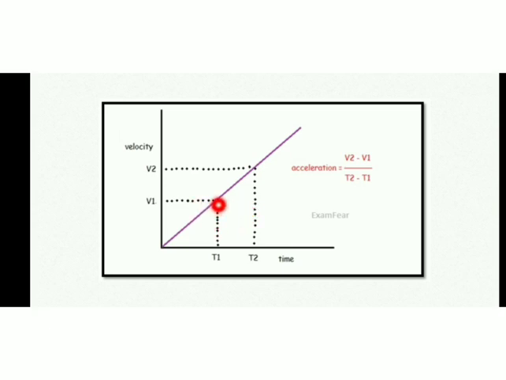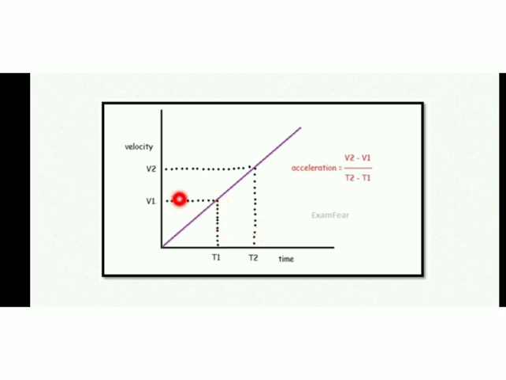Consider any 2 points on the velocity-time graph, and you should consider the velocity-time graph for a uniformly accelerated motion. Then only you can take the slope from the graph. Consider any 2 points on the graph, and from those 2 points draw normals to the x-axis and to the y-axis as shown here.